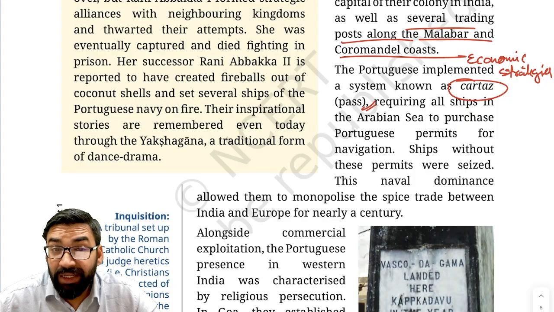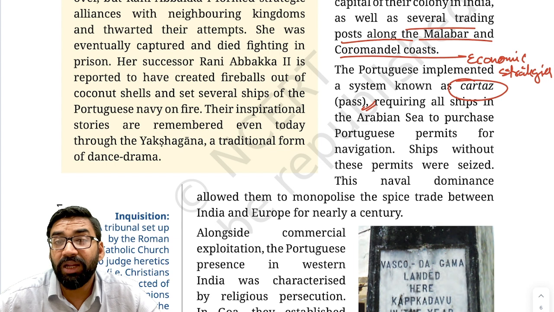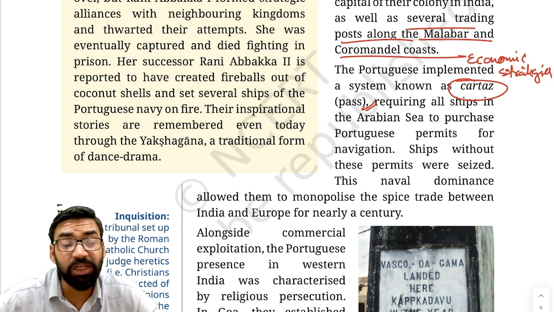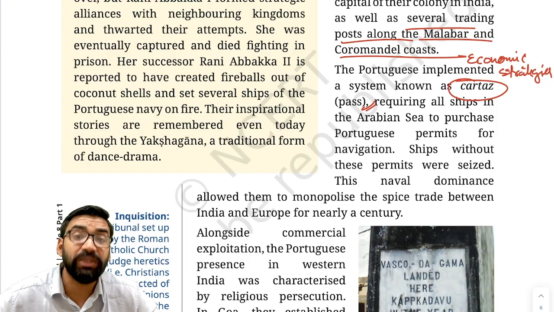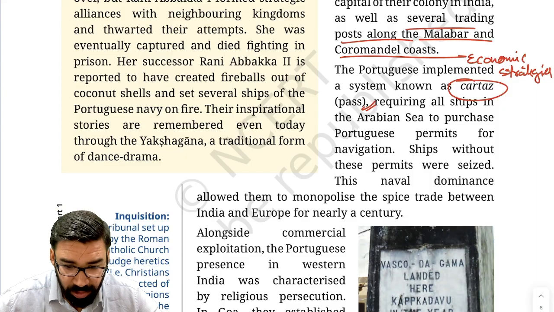If any Indian ruler sent goods, they needed to take a license from the Portuguese. If Indian rulers did not take the license, Indian ships would be seized. Indian ships would be confiscated by the Portuguese.